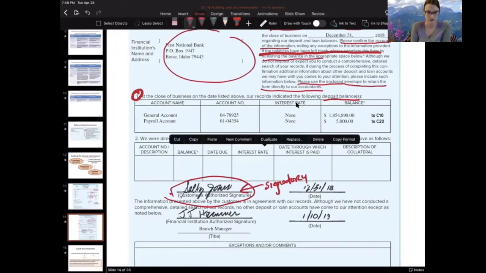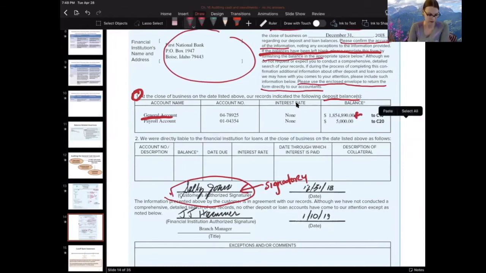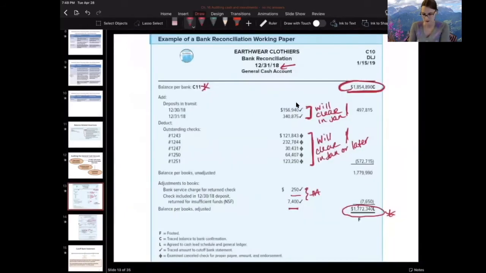So the general account is what we were looking at on that bank reconciliation. So this balance here should match the balance per bank that we saw on the prior slide, right? So this is what's going to agree to our confirmation.